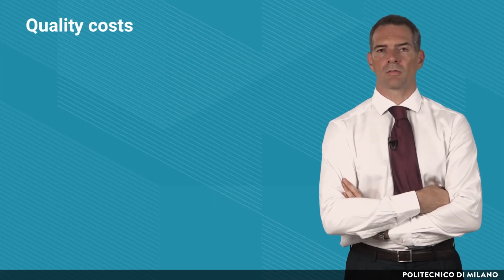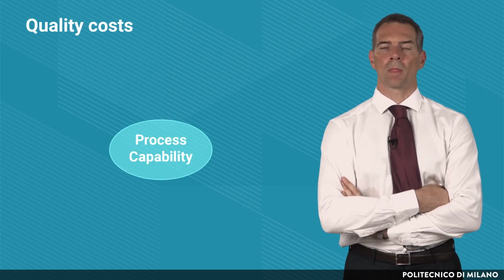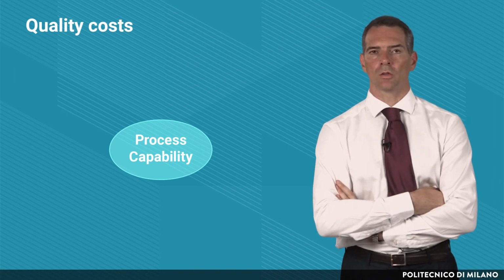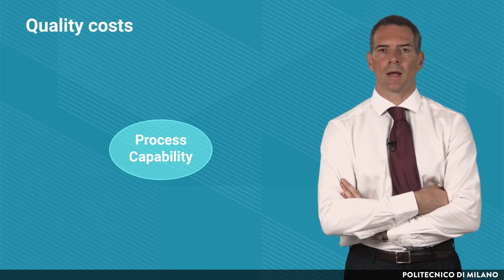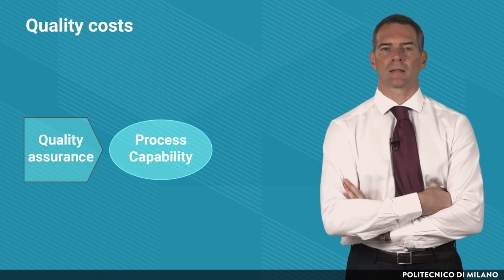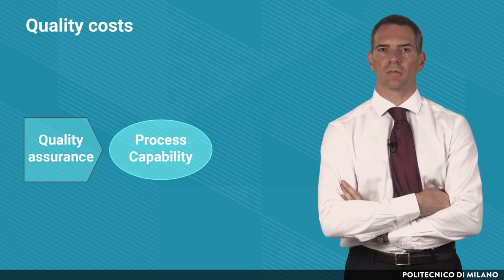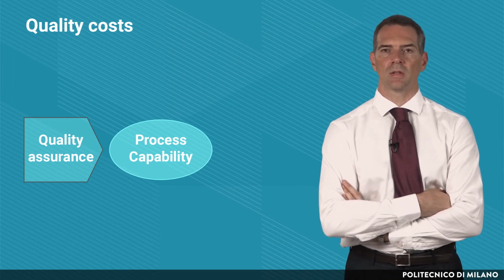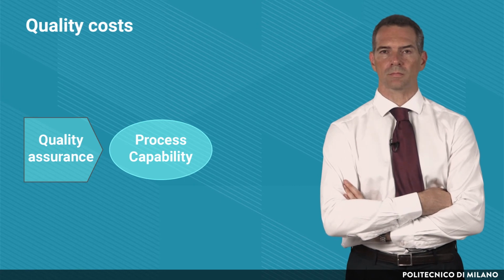In this case, the focal decision is about the process capability. In order to improve process capability, a company could be investing in the quality assurance process, which is activities connected to suppliers' qualification, process engineering, testing, procedures definition, and training of operators.